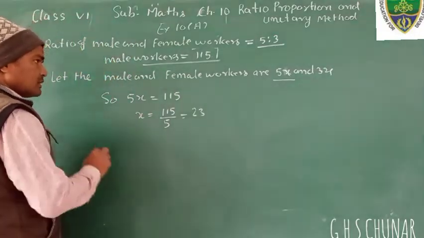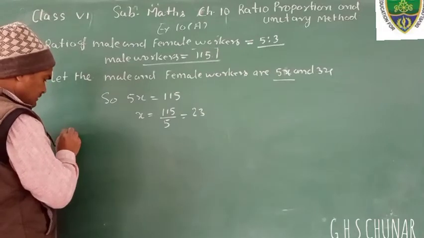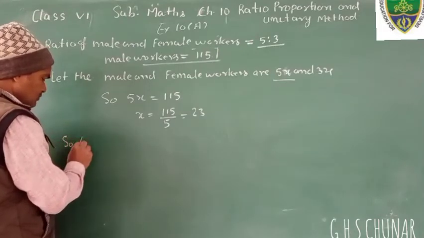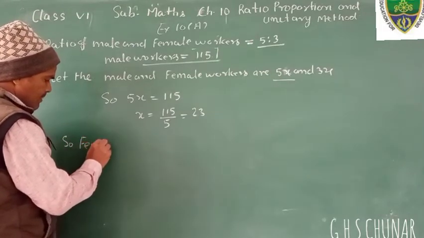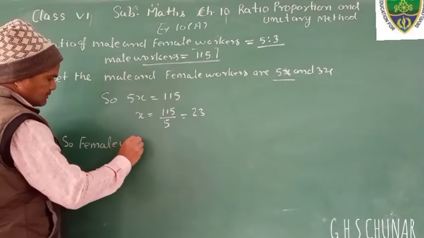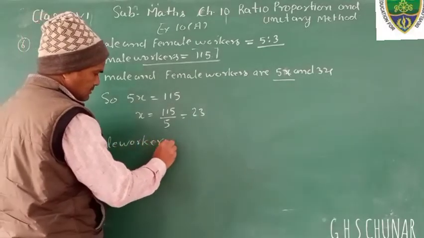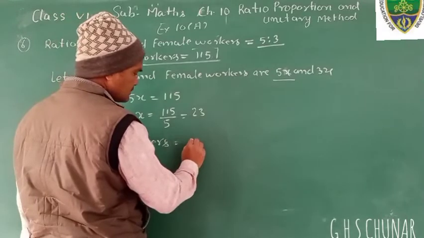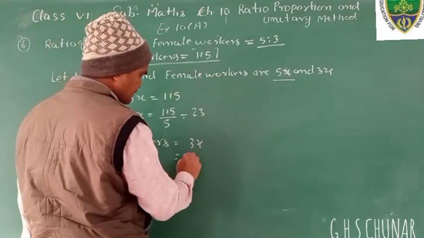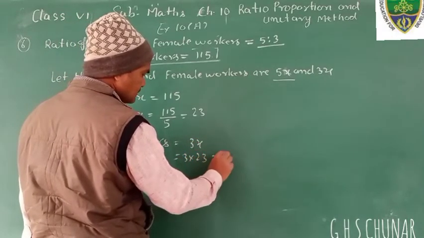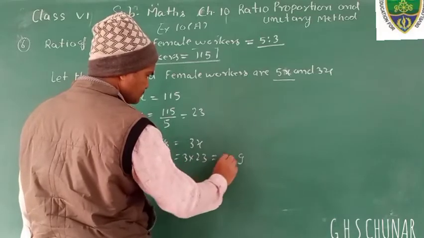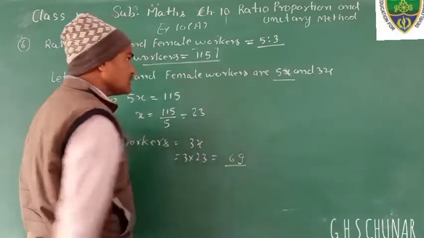X is equal to 23. Now female workers is equal to 3x, that is 3 into 23, that is 69.